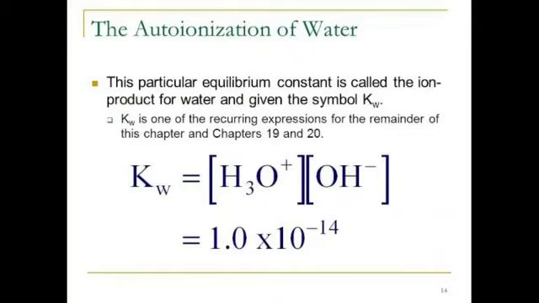A majority of H2O molecules are undissociated, consequently the concentration of water can be treated as constant. Then we write concentration of H2O square is equal to K'. We get the equation K into K' is equal to concentration of H3O+ into concentration of OH-.